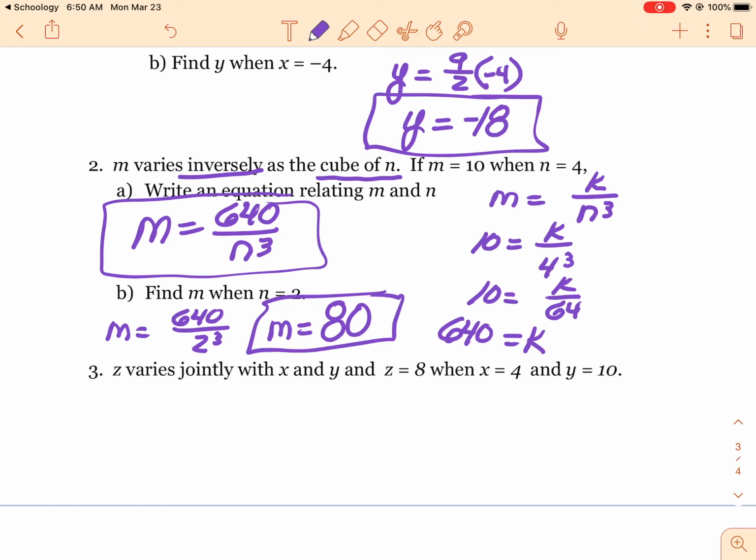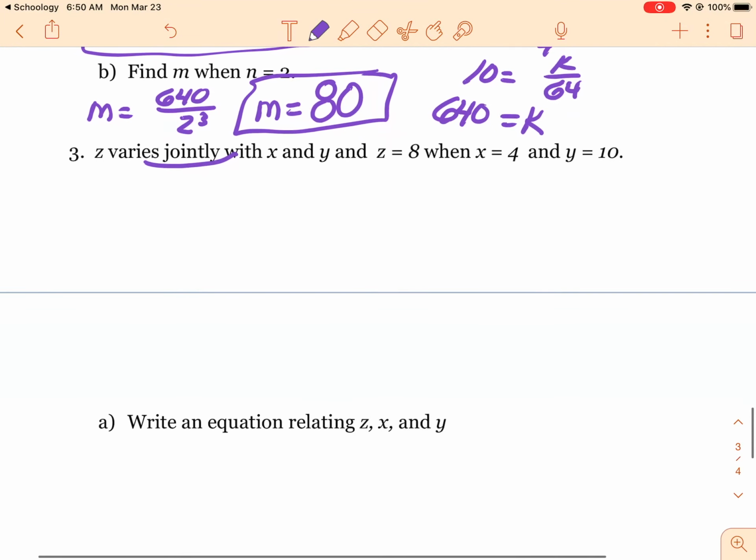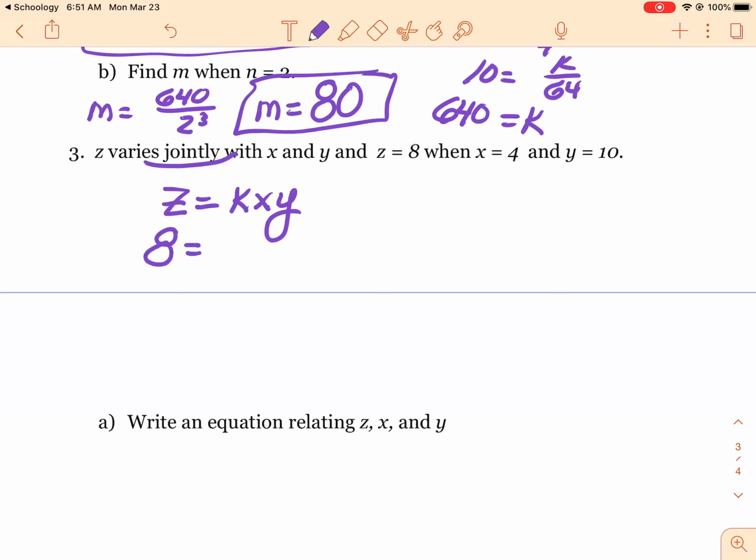Z varies jointly with x and y. So jointly looks like this: z equals k times x times y. They tell us z is 8, x is 4, and y is 10.